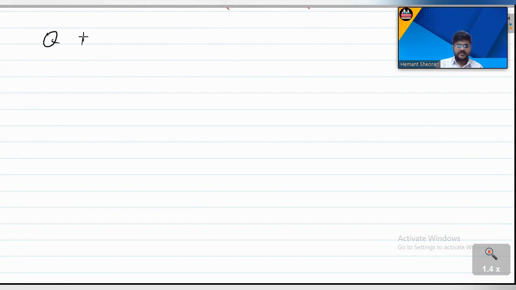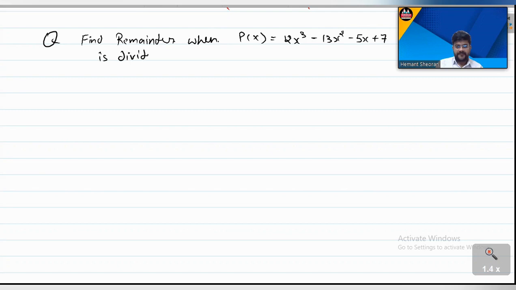Now they are again asking to find the remainder when the polynomial p(x), that is 12x cube minus 13x square minus 5x plus 7, is divided by g(x), that is equal to 2x minus 1.